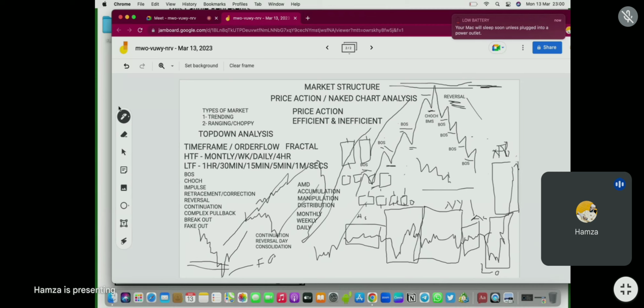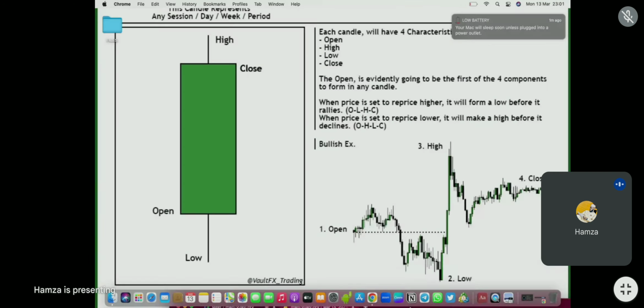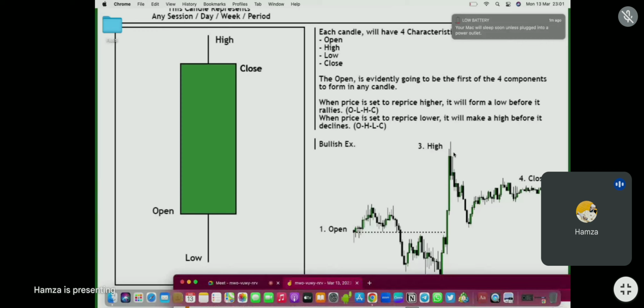And if we keep having impulses and inefficiency towards the downside, then price will rebalance that inefficiency before continuing to the downside. Because by its very nature, order flow is supposed to be buying and selling. So when we have a buy, we expect price to come down sooner or later and rebalance that buy with a sell before continuing to the upside.